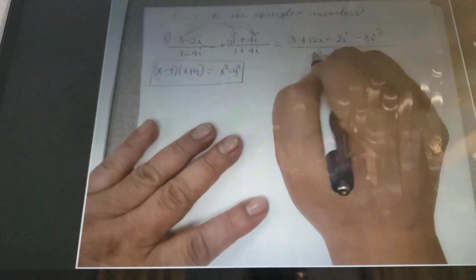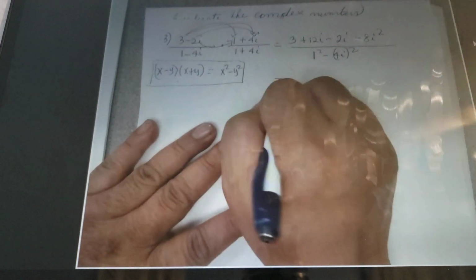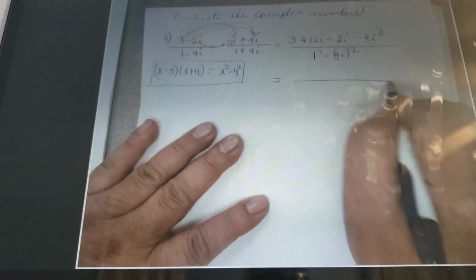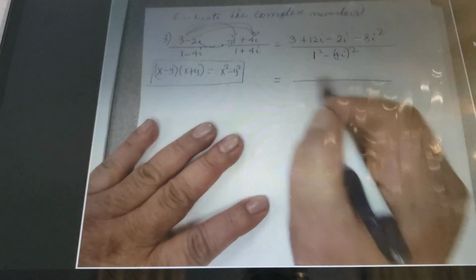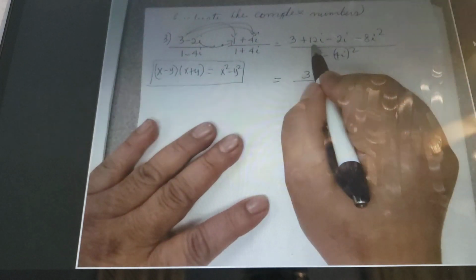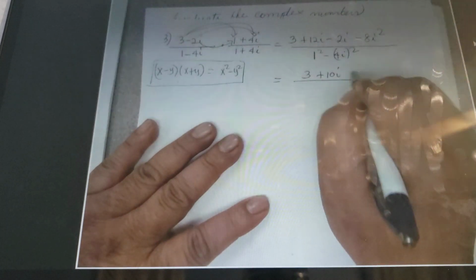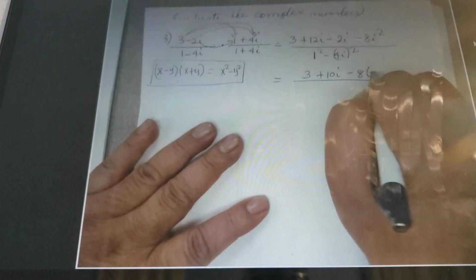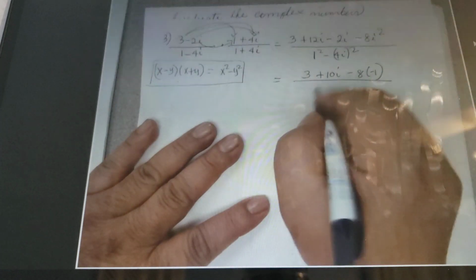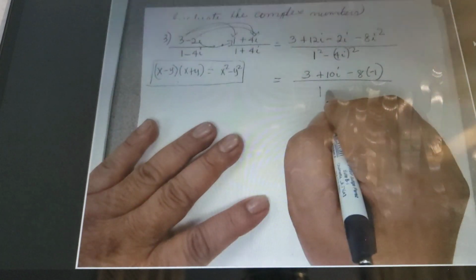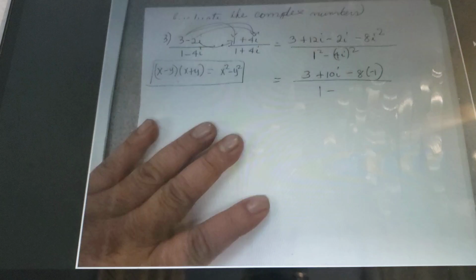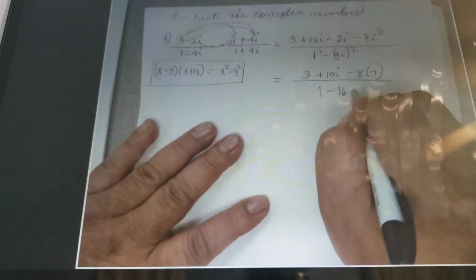This is a shortcut to get the product right away. So 3, 12i minus 2i, that is positive 10i, negative 8 times negative 1, and then this one is 16i squared.